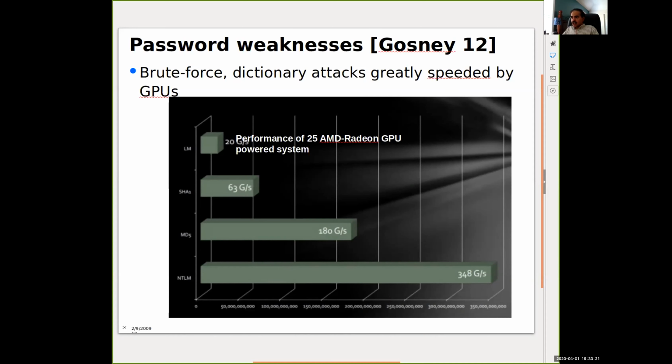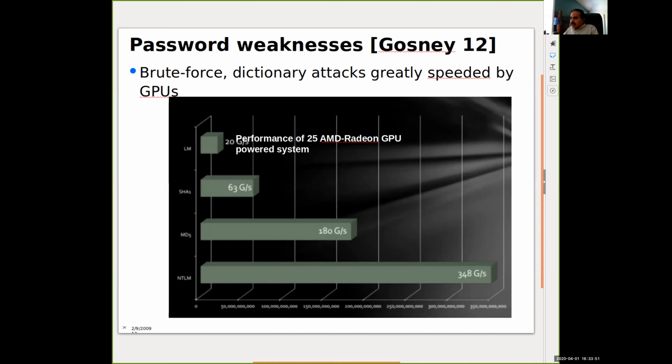The chart here shows you how GPUs, GPU standing for graphical processing units, are now included in most machines. You can also buy clusters of GPUs, which have a large number of GPUs. And using these, you can perform hashing very fast.